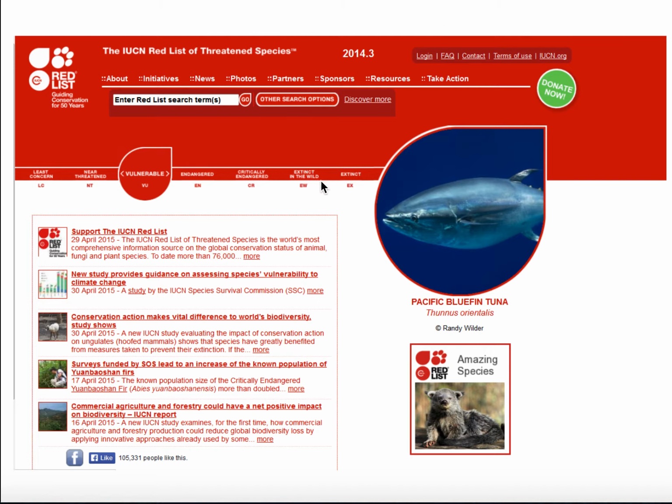So when you hear us talk about endangered species and conservation, you'll hear a lot of different levels, and this is to let you know what level of concern they are, and this helps people decide what types of conservation methods and level of conservation they need to do for certain species.